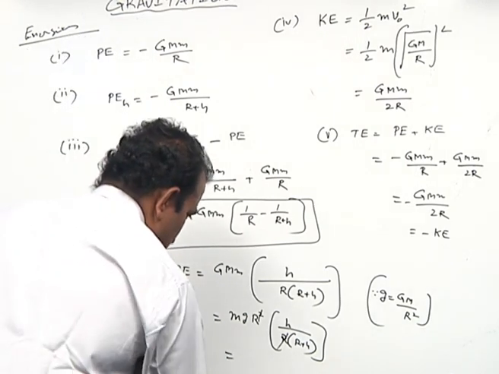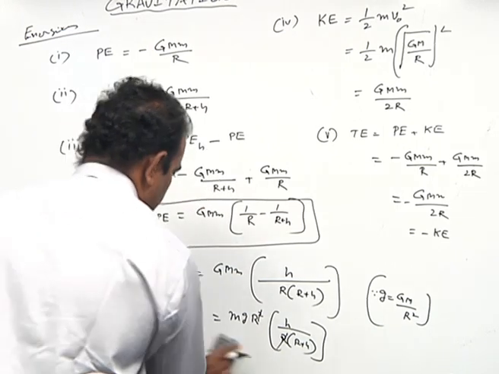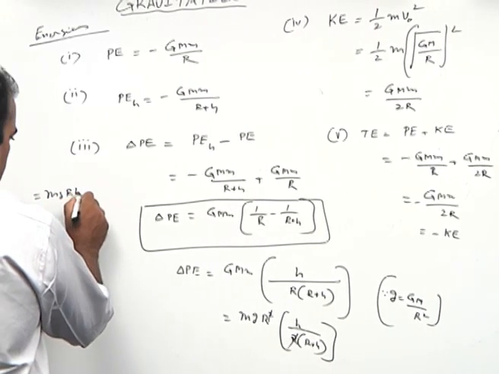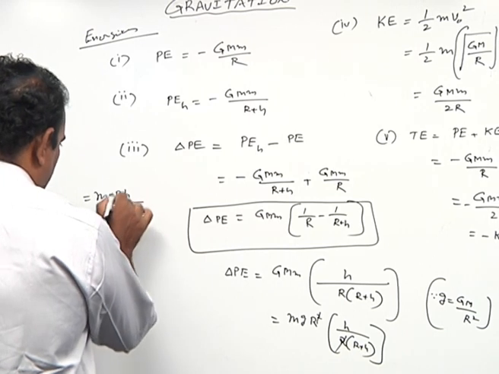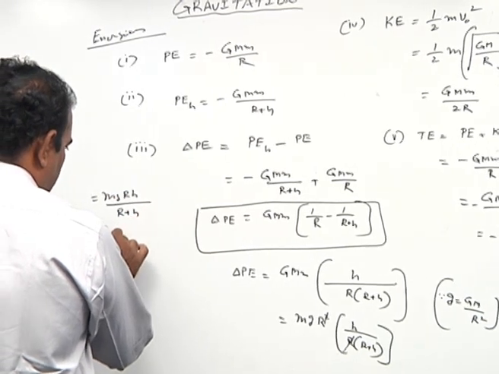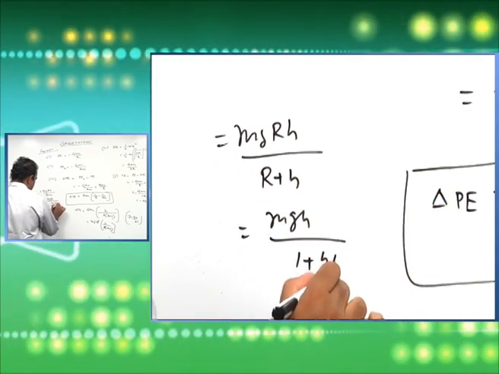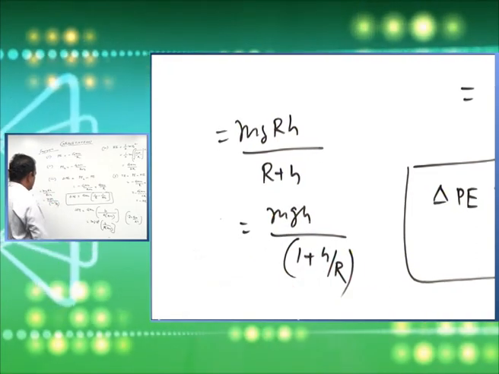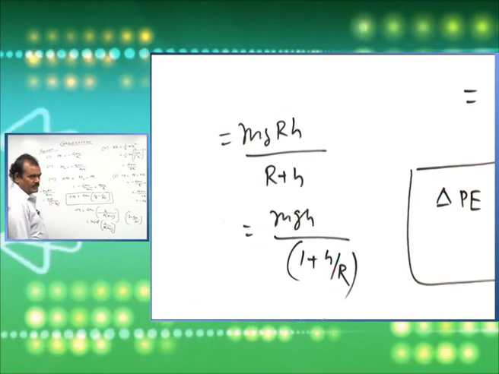That also can be taken as mgh by 1 plus h by r. If r is taken in the denominator, then 1 plus h by r will come.